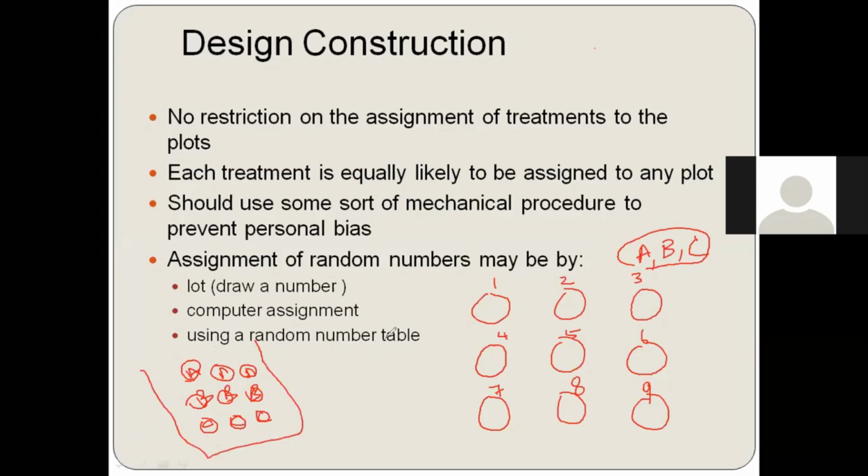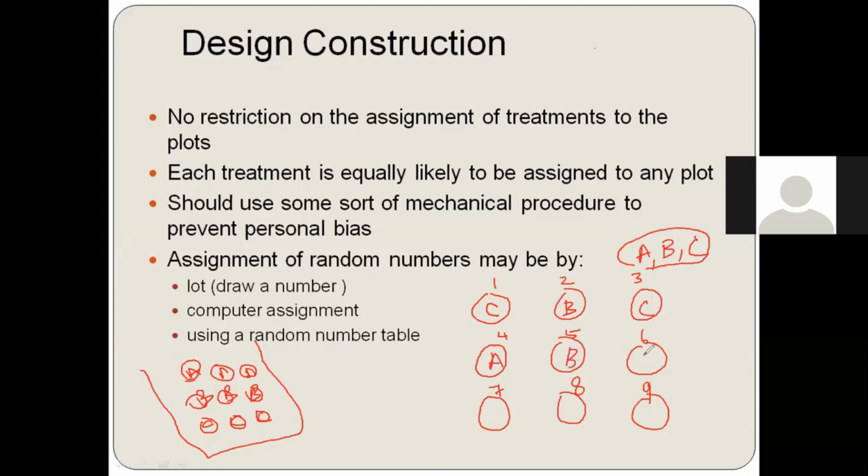When I took the first one, I got C. So I'm going to allocate plot number 1 as C. Second time I got B. Third time I got C again. Fourth time I got A. Fifth time I got B, let's say.